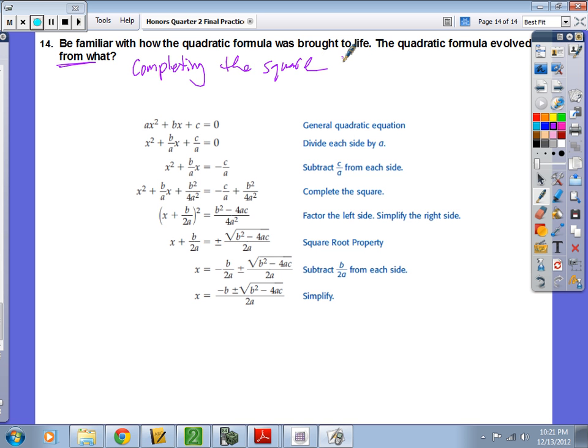Completing the square used to be the only tool they had to figure them out, but then they did it enough, they found a pattern, and that's the mother of this quadratic formula. We only used to go to right there, but then the mathematicians figured out, you know what, let's keep going. Then they came up with this, and now this makes it easy to find any answer, no matter how ugly the solutions are.